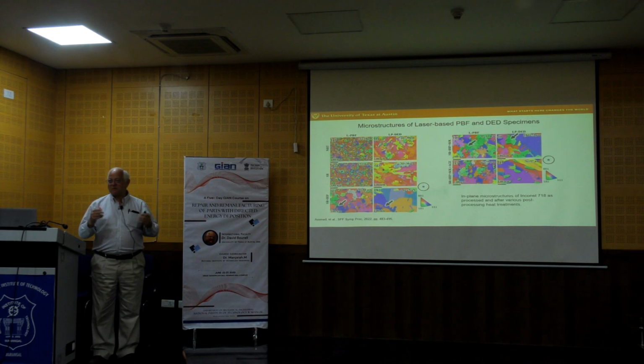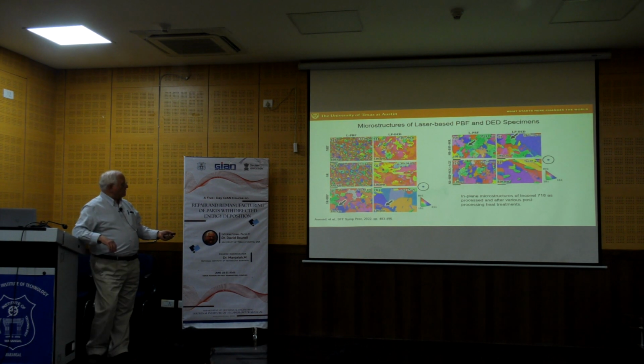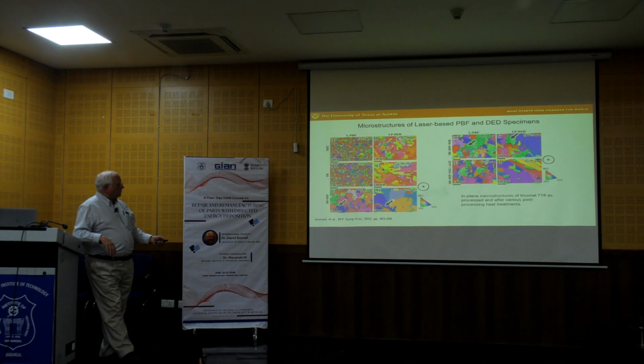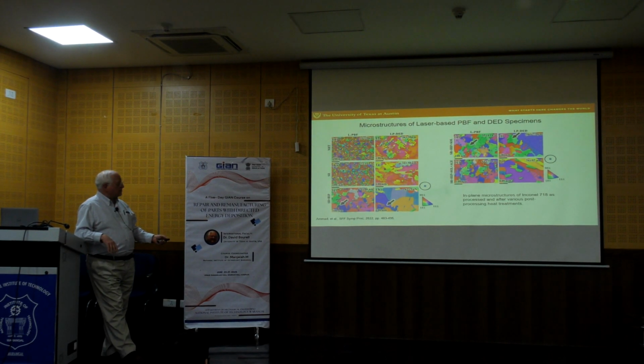When we hot press the material, the material sits at high temperature for a long time, so there's plenty of opportunity for grain growth. And we see that with both powder bed fusion and with directed energy deposition. Although, starting with larger grains, we end up with larger grains in the DED than with powder bed, but we get coarsening in both cases.